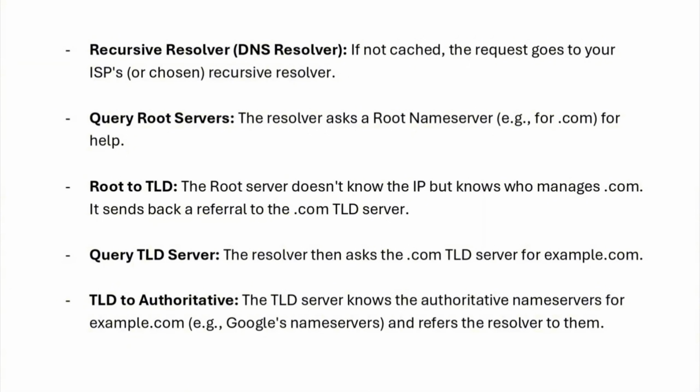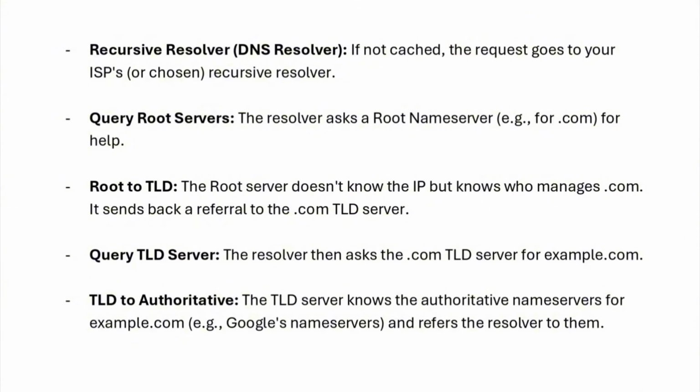So these steps from the root to the TLD server all work to refer your query to the authoritative server. After that, the authoritative server provides the actual domain information it has. For example, Google's name servers have all the database.